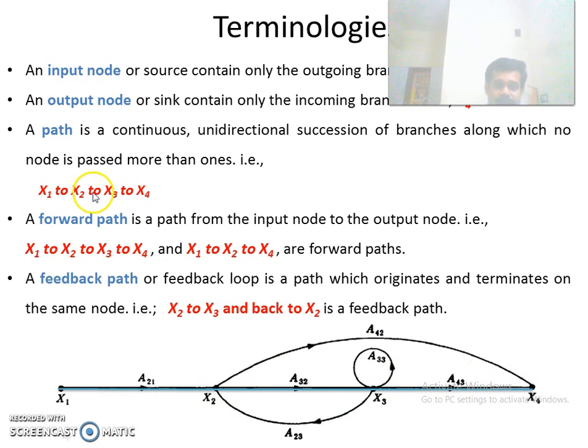This blue line, x1 to x2, x2 to x3, x3 to x4. So it is nothing but a path.